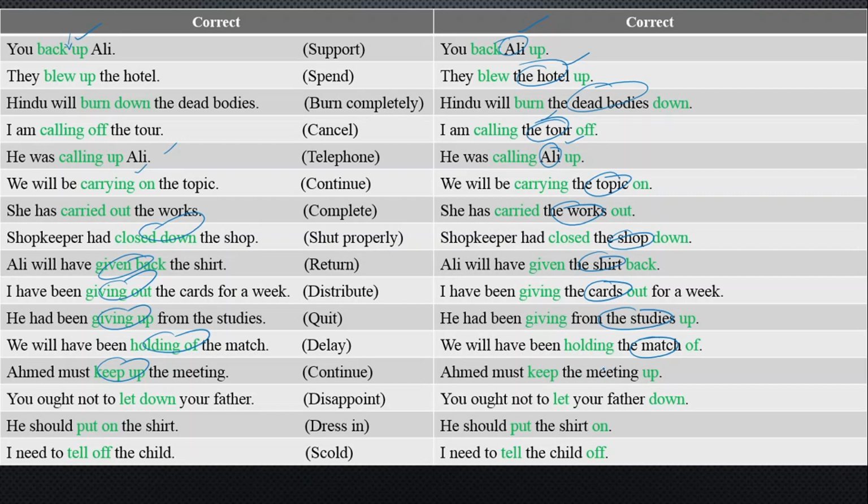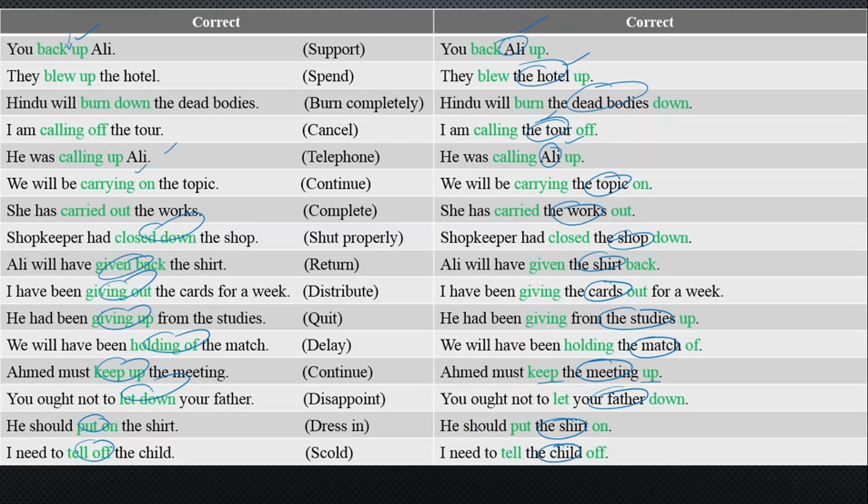Now the meeting is coming in between keep and up, between your phrasal verb. You ought not to let down your parents, disappoint your father, and you ought not to let your father down. He should put on the shirt. He should put the shirt on. And I need to tell off the child. I need to tell the child off.